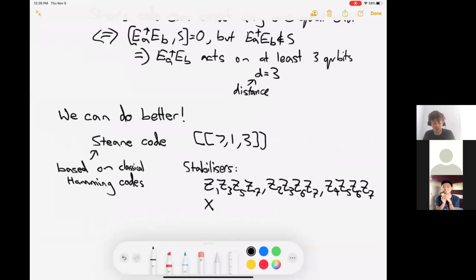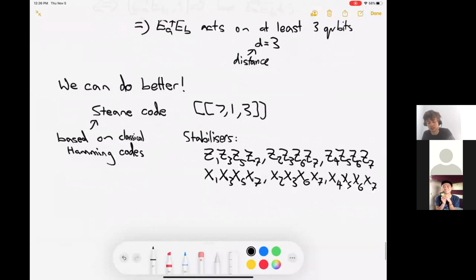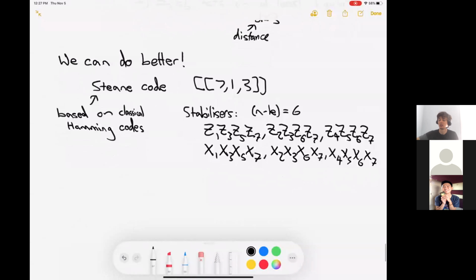And then you also check products of Xs on the same sets of 4 qubits. So those are your 6 stabilizers, okay, because we have 7 physical qubits, 1 logical qubit, so n minus k is equal to 6, and they just are what they are.